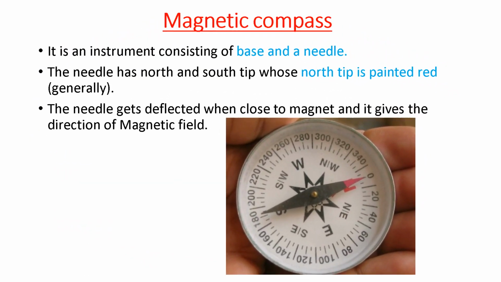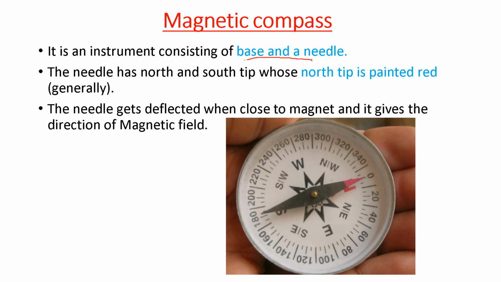Let us see what is a magnetic compass. It is an instrument consisting of a base and a needle, which is generally enclosed in a glass case to avoid any kind of disturbance because of the air around it. It means the needle will deflect only because of the magnetic field.